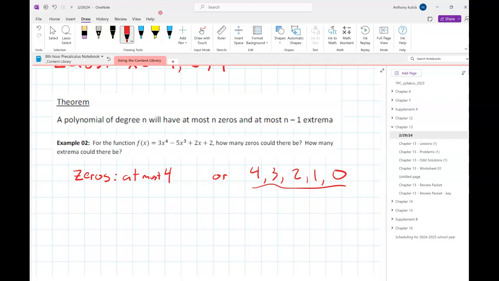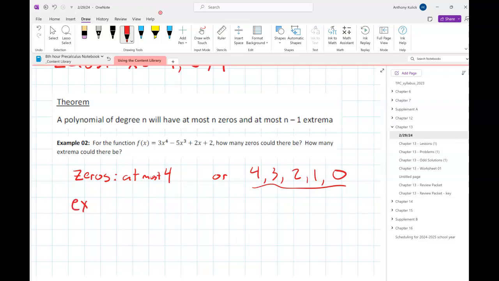Everybody's okay with that? I knew what you meant, but you have to write at most or list all the possibilities. I like at most because it feels like most of the time that's less characters than all of the possibilities. But if it's at most 1, maybe I'll write 0, 1 there.